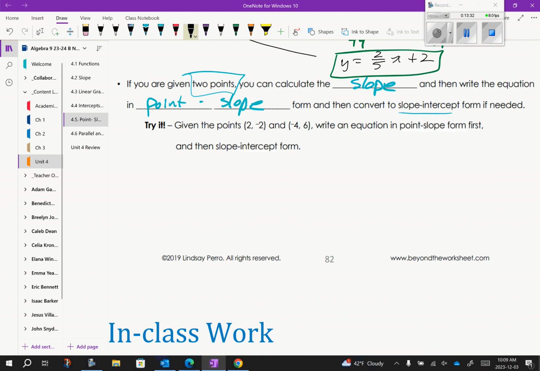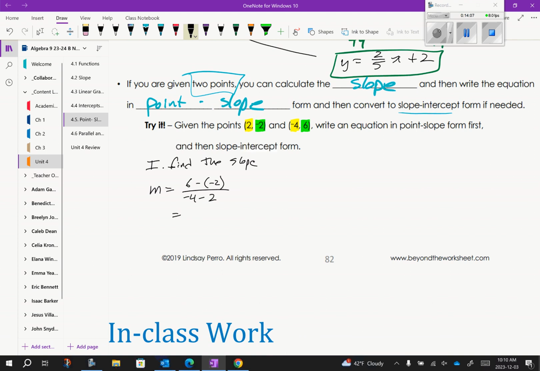So part 1 is find the slope. So I could say for the y's, 6 minus -2 over, for the x's, -4 minus 2.